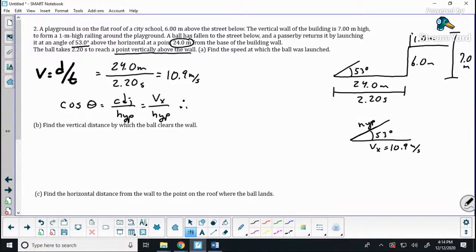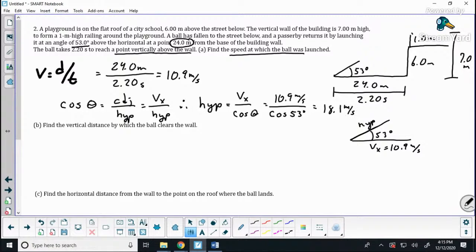So my hypotenuse, or the speed at which the ball is launched, is going to equal the velocity in the x divided by cosine of theta. So 10.9 meters per second divided by the cosine of 53 degrees. And when you solve that out, you should find 18.1 meters per second. So now I know the speed at which it was launched.